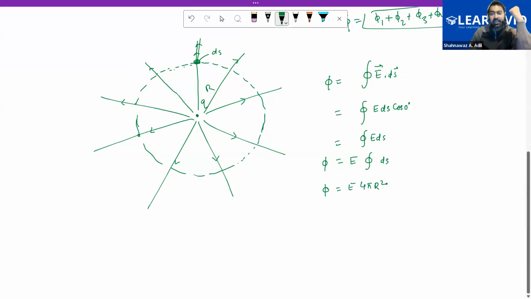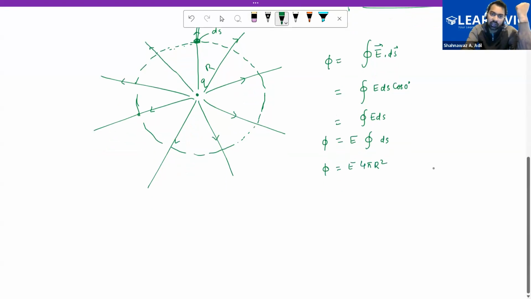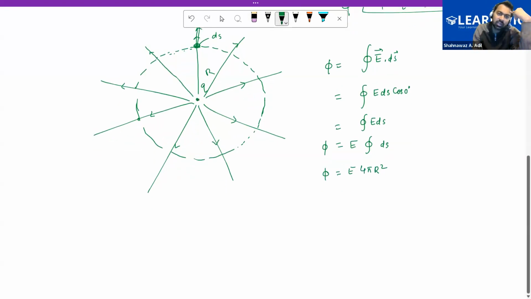Now we also know the electric field magnitude, because this is a point charge and at r distance we are calculating the electric field. What would be that electric field due to a point charge? It is kq by r square.